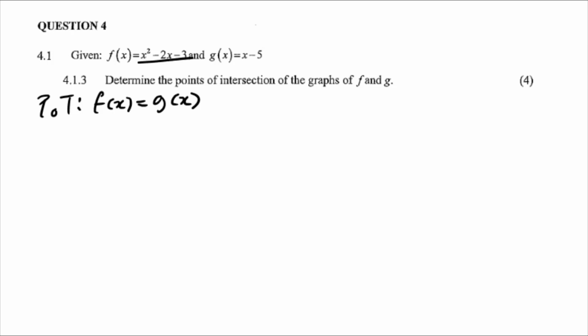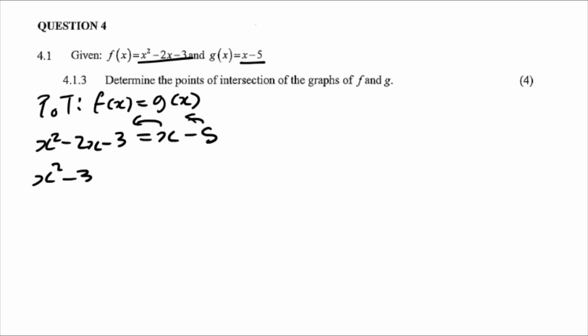So we have x squared minus 2x minus 3 is equal to x minus 5. Now we take x and negative 5 to the other side, so we have x squared minus 3x plus 2 is equal to 0. So very easy there.